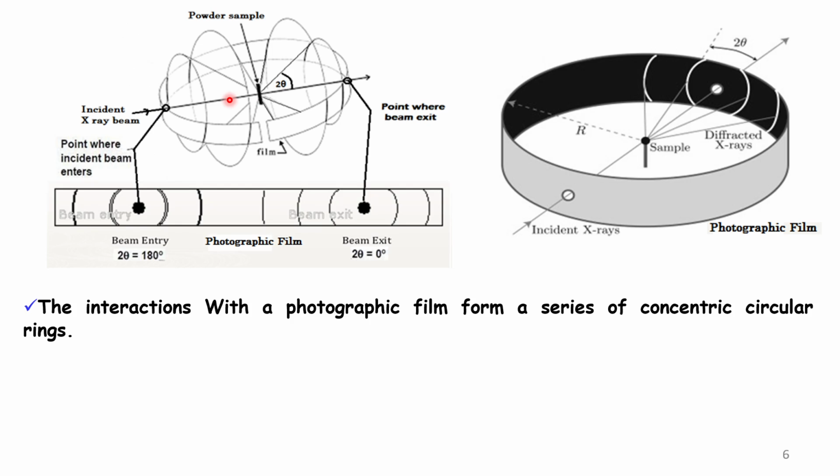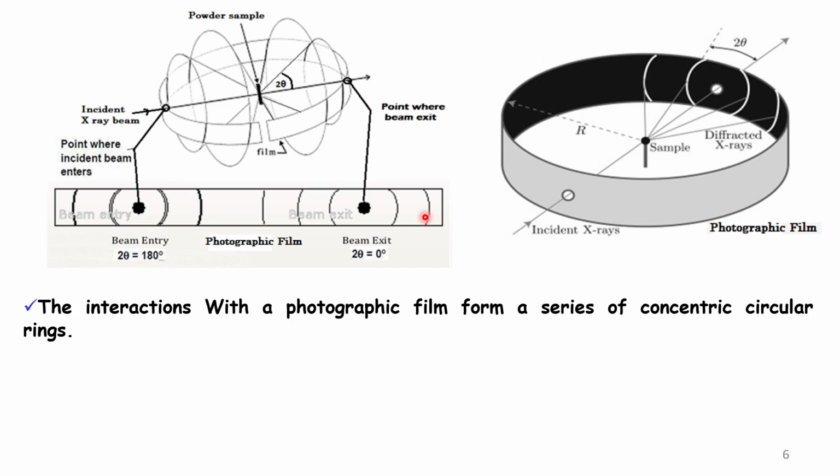When the beam is incident on the sample, due to the diffraction and the reflection of the X-rays, they interact with the photographic film and form a series of concentric circular rings. Here the width of the film is narrow.